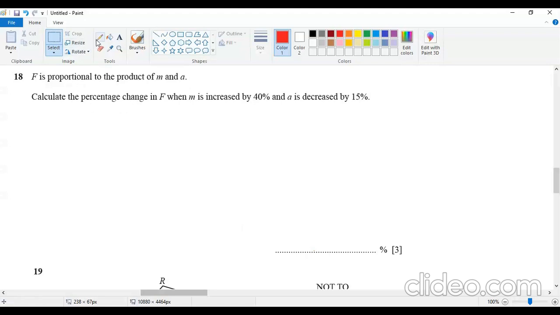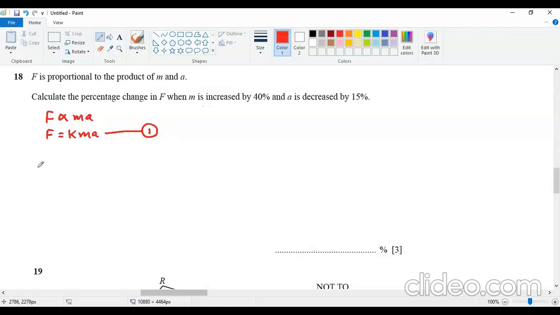In question number 18, it says F is proportional to the product of m and a. That means F is directly proportional to ma. That means bringing the sign of proportionality, we will write k m a. This is going to be your first equation. Now calculate the percentage change in F when m is increased by 40%.